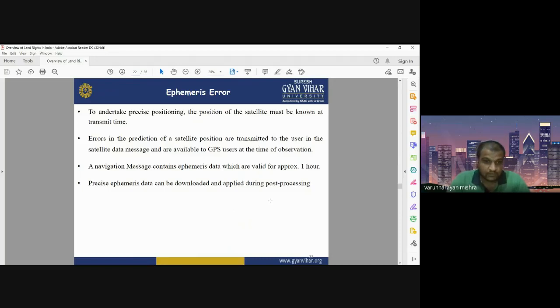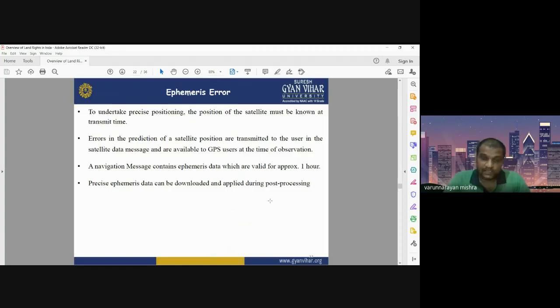Okay, but this ephemeris data is valid for only 1 hour. When you are at a place collecting the data, collecting coordinates, latitude, longitude, and receiving the signal coming from the GPS satellite, that GPS signal also has the information about the exact position of that satellite in the space.